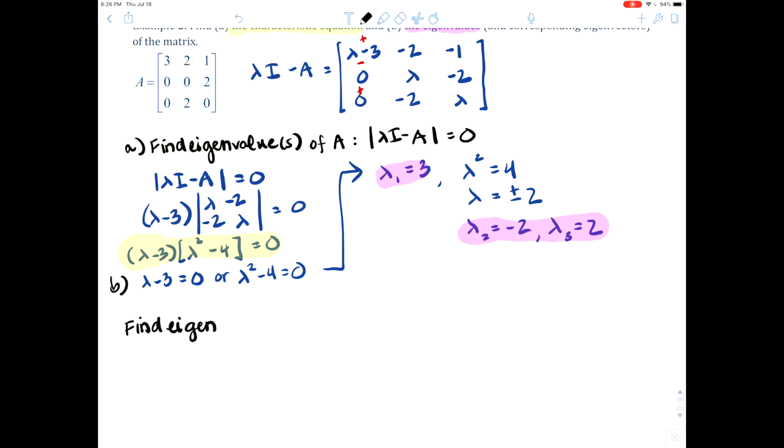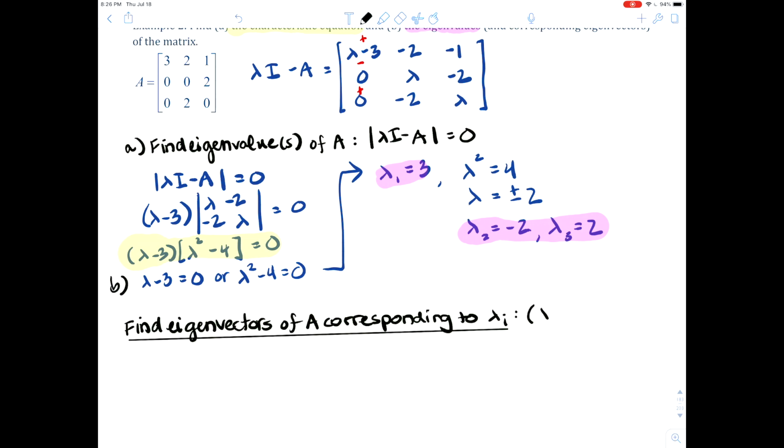So to find the eigenvectors of A corresponding to lambda I, what do we need to do? Beautiful. We need to solve lambda I times the identity matrix minus A times the vector x is equal to the 0 vector.